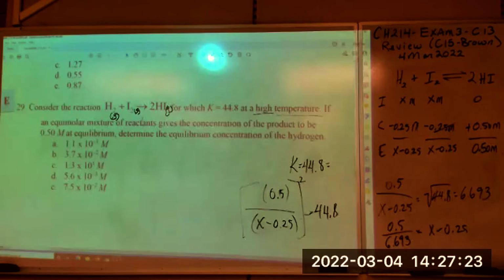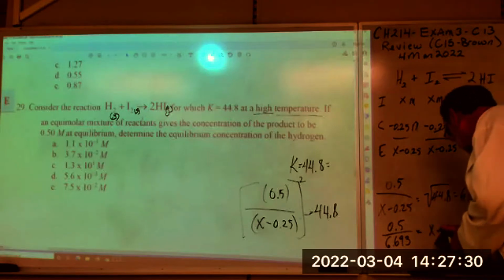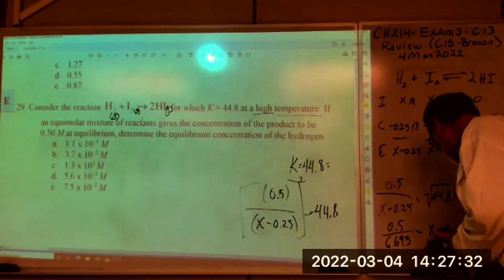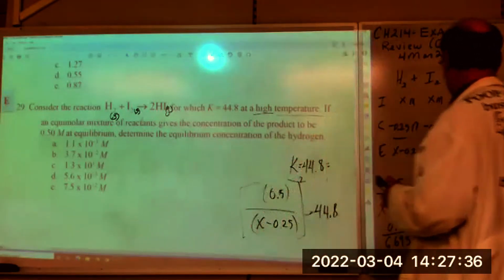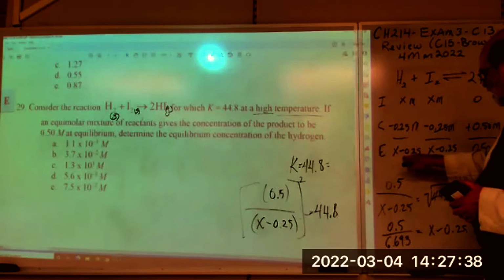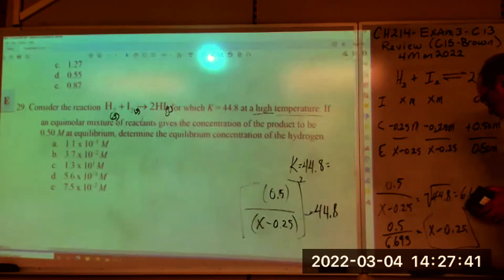So I get 3.2 times 10 to the minus 1 is X. Hold on a second. What was the question? Concentration of hydrogen. Concentration of hydrogen is X minus 0.25. That value right there.